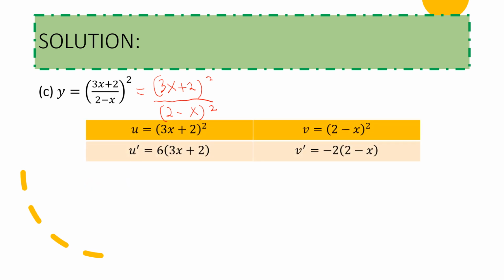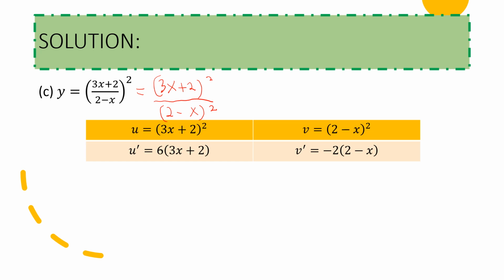So first we let u equal (3x plus 2) squared and v equal (2 minus x) squared. So from that, to find u prime and v prime, we need to use power rule. So u prime equals 6 times (3x plus 2) and v prime equals negative 2 times (2 minus x).